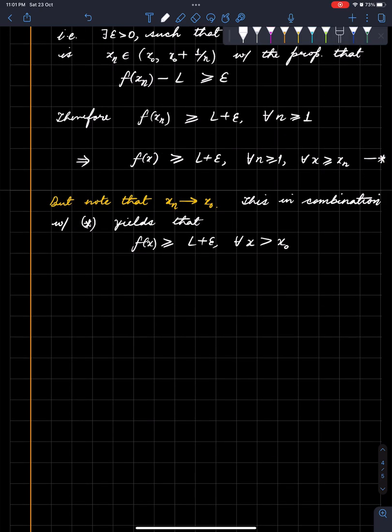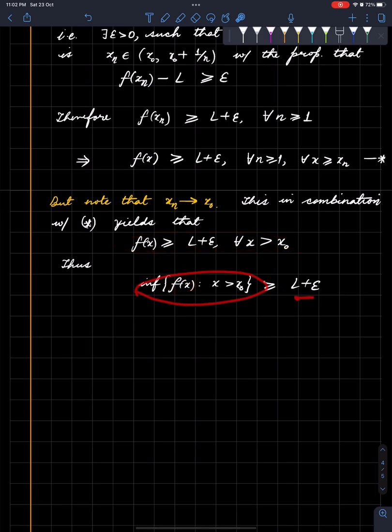And therefore the infimum of this set is at least L plus epsilon, because each of these values by this line is at least L plus epsilon, and hence the infimum is also at least L plus epsilon.